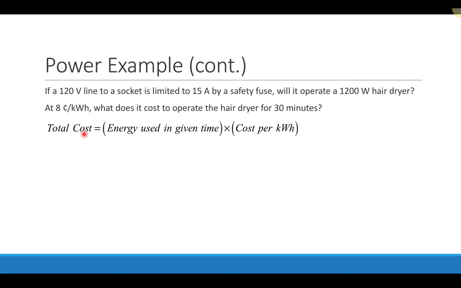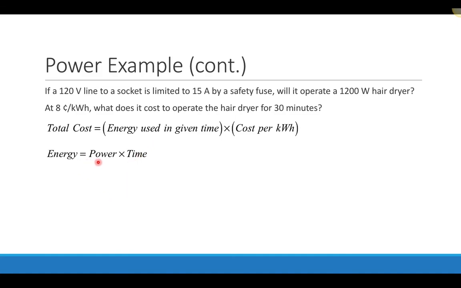So the total cost to run that hairdryer is going to be the energy that's used in that given amount of time, multiplied by the cost per kilowatt hour. So I need to figure out how much energy is being used to run that 1,200 watt hairdryer for 30 minutes, and then multiply that by 8 cents per kilowatt hour, making sure my energy is in kilowatt hours.